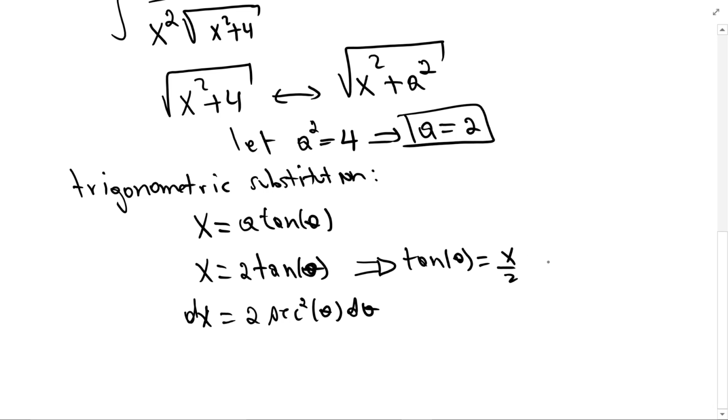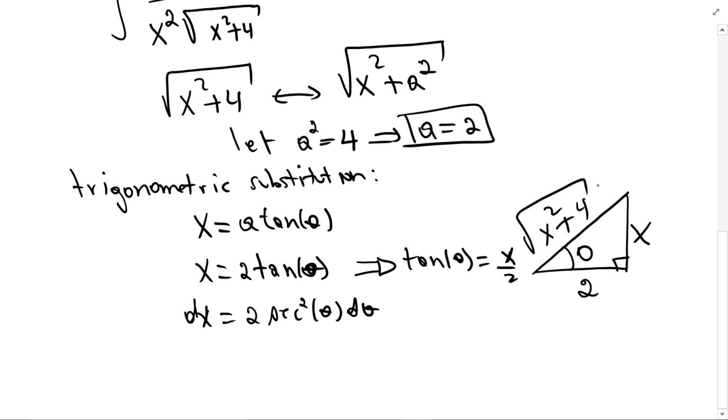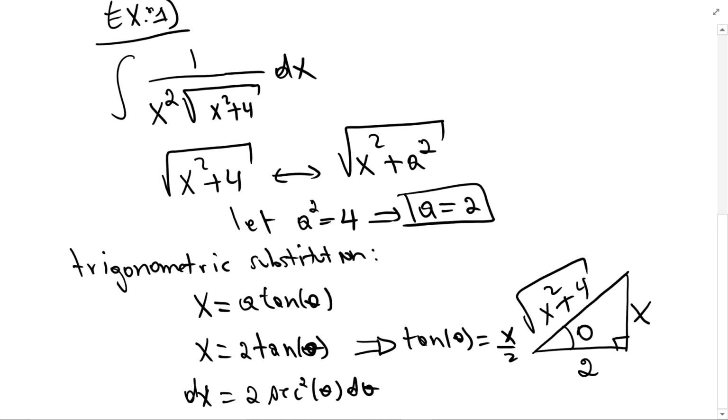So x is the opposite side and 2 is the adjacent side. Hence the hypotenuse is the square root of x squared plus 4.